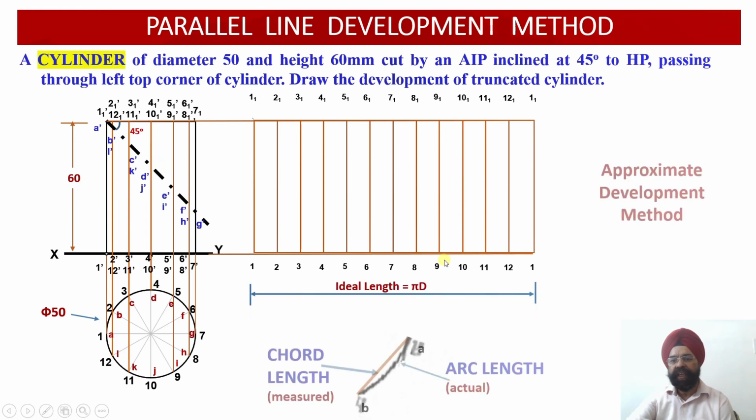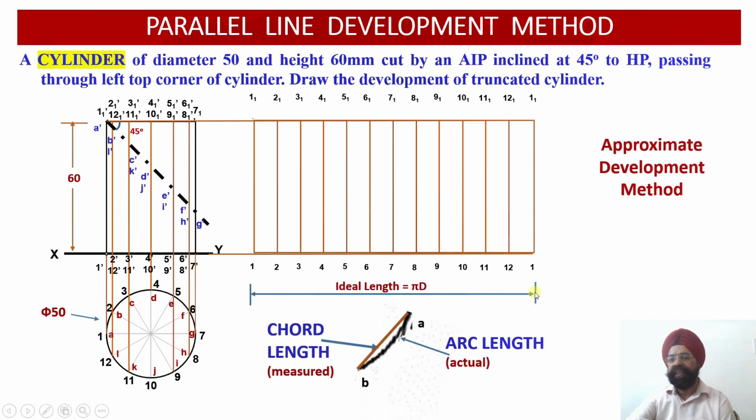Now you see the total length, ideally, this is what I was trying to explain. The total length should have been equal to pi d, which it is not in the manual construction. I am supposed to measure this arc length, but my instruments don't allow me to. What I am able to measure is this chord length, which is the shortest distance between 2 points.